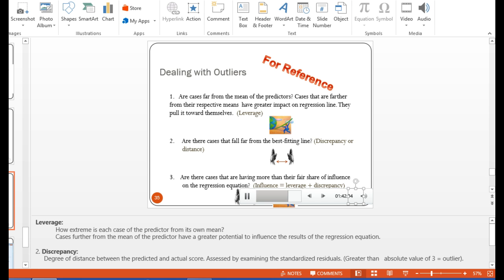So the way to think about influence is the amount that the entire regression equation or these individual beta weights would change if the case was deleted. And so there are a few indices of this. We have Cook's distance index, DFFIT, and DFBetas, and these are just different ways that researchers have come up with to assess how much influence a particular case is having.